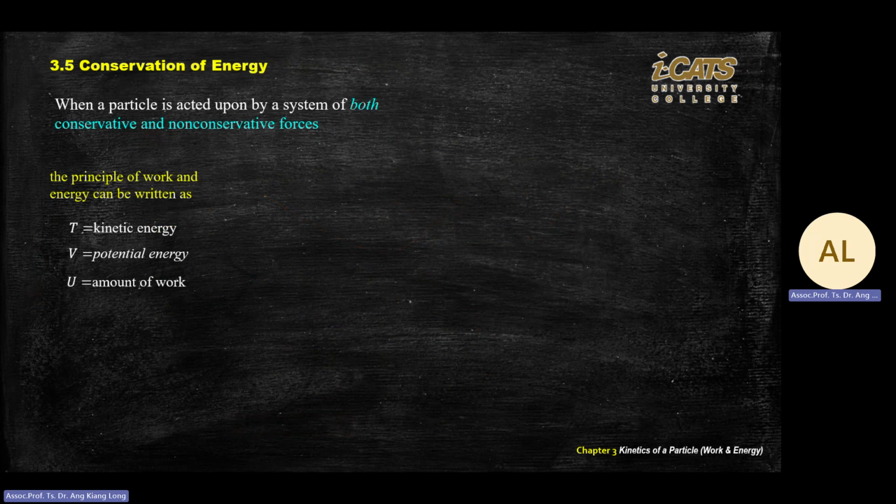Okay, next. When the particle acts upon a system, it means we have conservative force and non-conservative force. So the principle of work and energy. The word here is principle of work and energy, and not principle of work and potential energy.